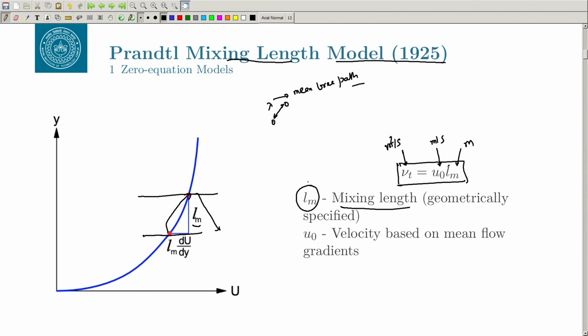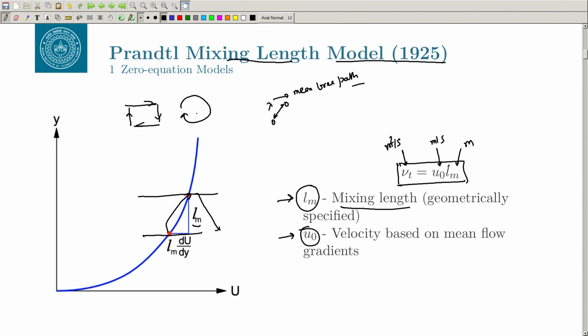The other scale that you want is the velocity scale. The way he defined the velocity scale is that within that length the flow is governed by some kind of gradient. So, if you make an eddy, this is how the eddy looks like, a picture of the eddy.